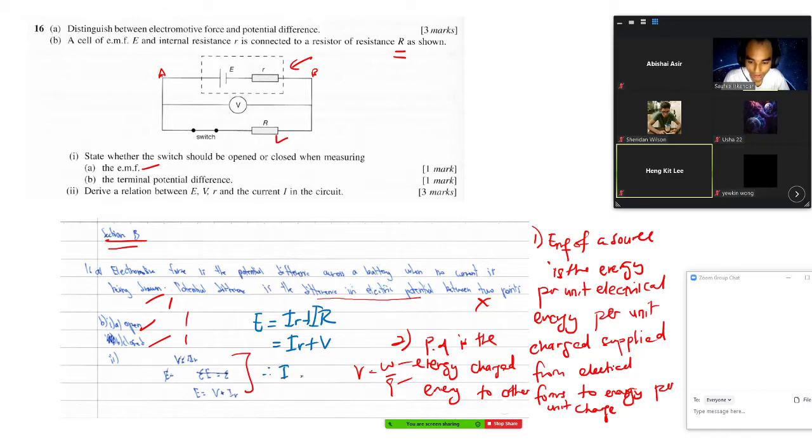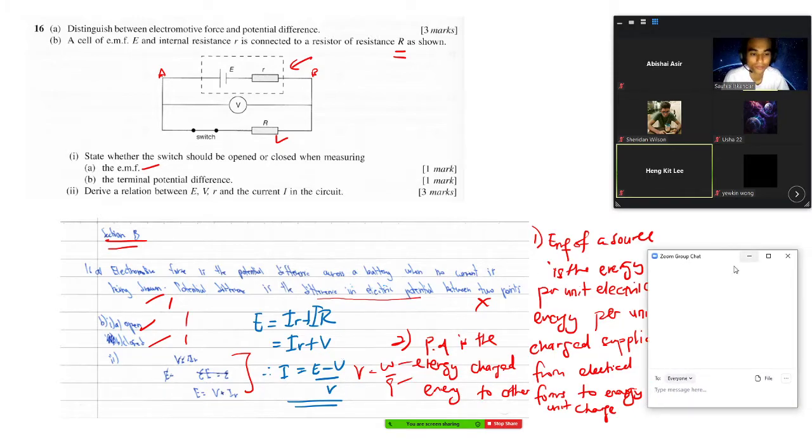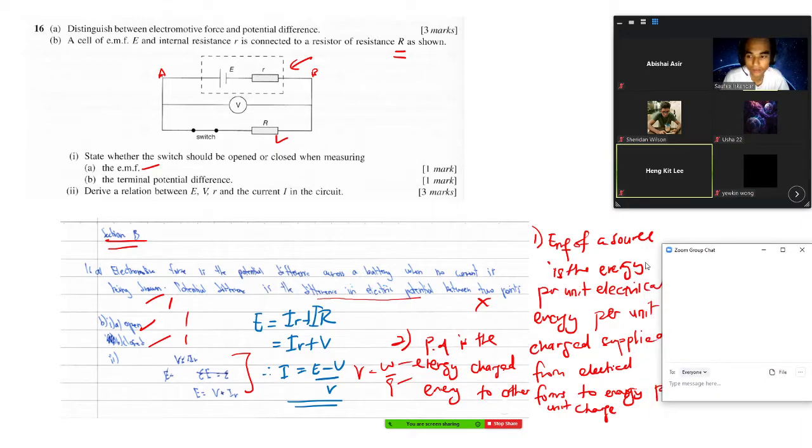So I equals E minus V divided by r. This will be the answer: I equals E minus V over r. Any questions? So we have 3 marks here, 1, 1, 1.